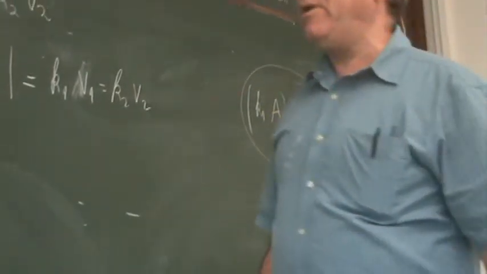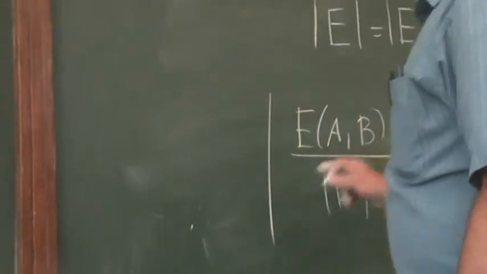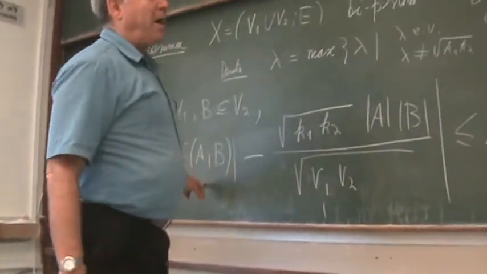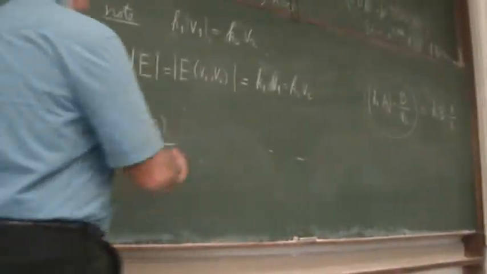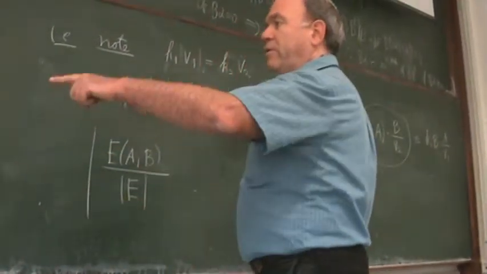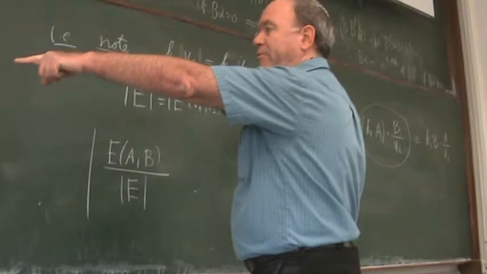So now let's see what happened there. If I divide E_AB by K1 V1, that's what I did, so I have divided this by K1 V1.